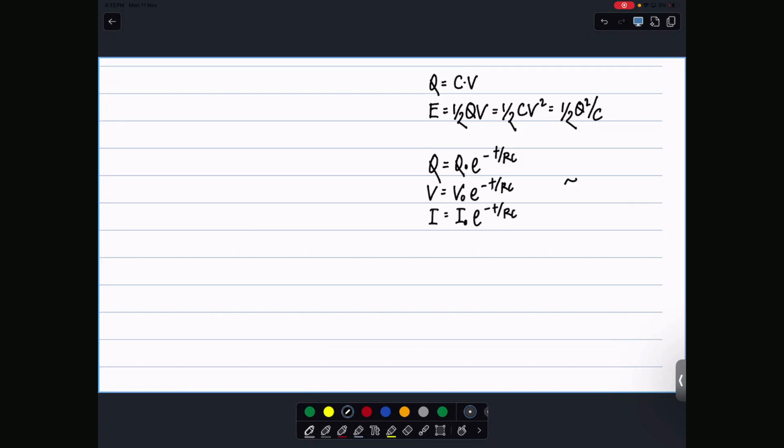And the time constant tau is equal to RC. What does it represent? Right, exactly. It's the time taken for charge, current, voltage to become 1 by e of the original value. So 1 by e, right?